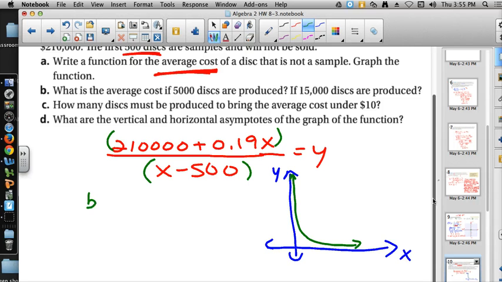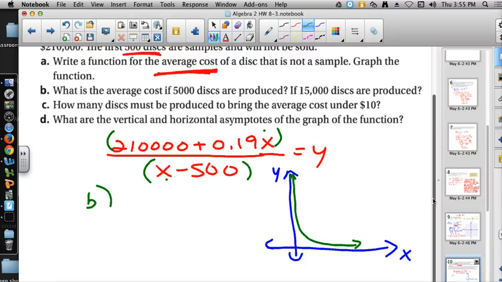Now B asks what is the average cost if 5,000 discs are produced. And so what we have to do is plug these in and see what we get. So average cost is what our formula was for. What you would need to do for B is to go ahead and put 5,000 in for X into both of those spots, and then 15,000 the second time around.